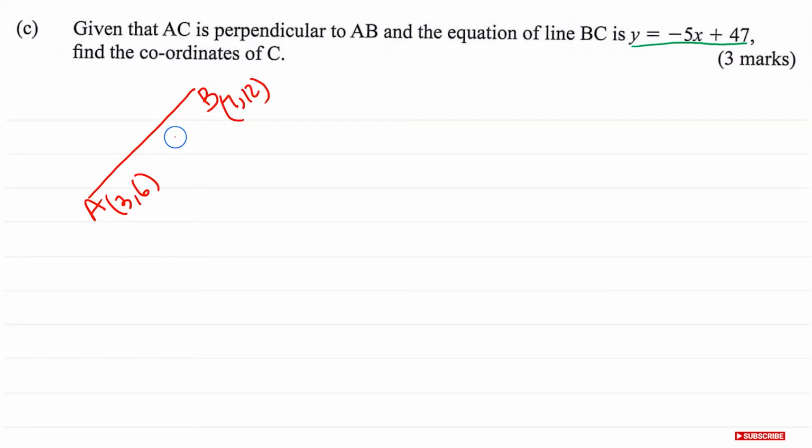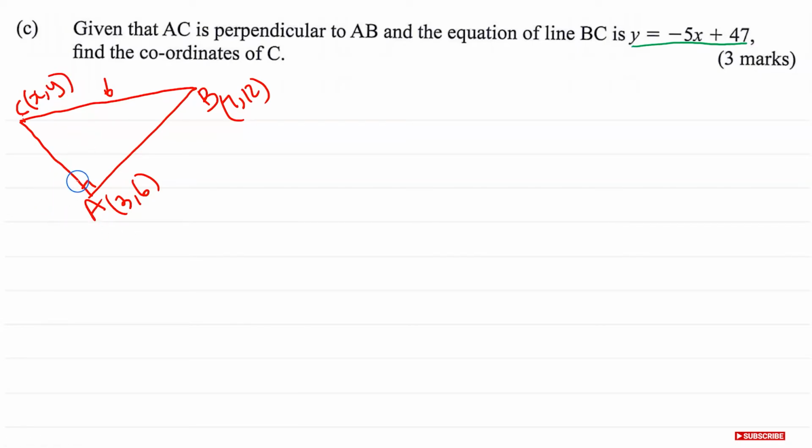So now we're told AC is perpendicular to AB. That means point C is somewhere here and is perpendicular here to AB, which means that is the line there, and we're told BC is this line here, negative 5x plus 47. We need to find the coordinate here of C, so it's (x, y).